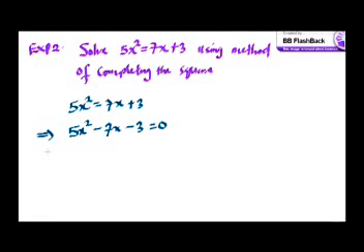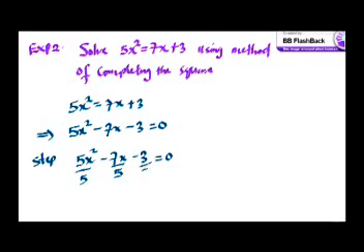So we are going to start solving now. Step 1 is to reduce the leading coefficient to 1. So it becomes 5x squared minus 7x minus 3 is equal to 0, by dividing all through by 5 and also dividing the right hand side by 5.